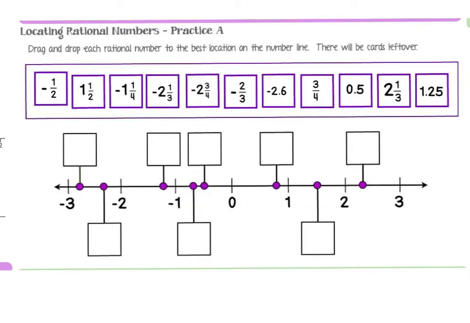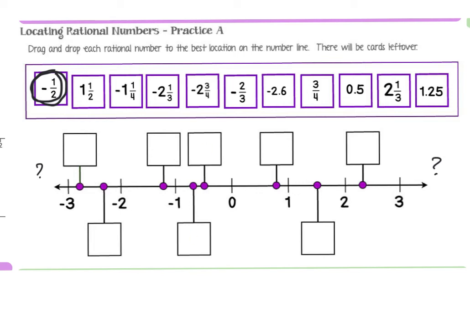Now we want you to be able to practice putting fractions and decimals on a number line. In this activity, you are going to basically take a fraction, like let's say -1/2, and figure out where it goes somewhere on this number line. Now we know -1/2 comes somewhere between 0 and -1. So it must be one of these two purple dots.